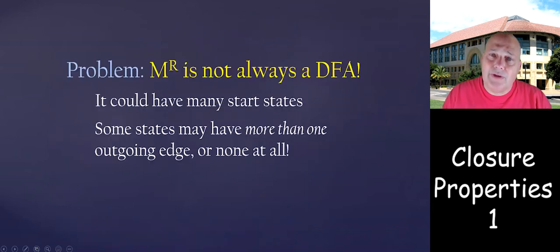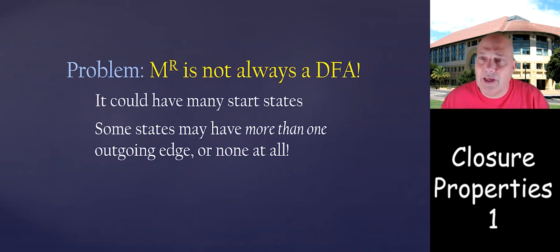The problem is that this is a great idea, but it doesn't give us a DFA. When we reverse a DFA, we don't get exactly a DFA. MR can have many start states. Some of the states may have more than one outgoing edge, and others will have no outgoing edge.